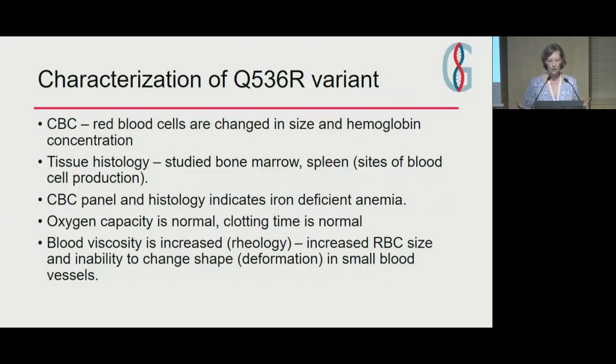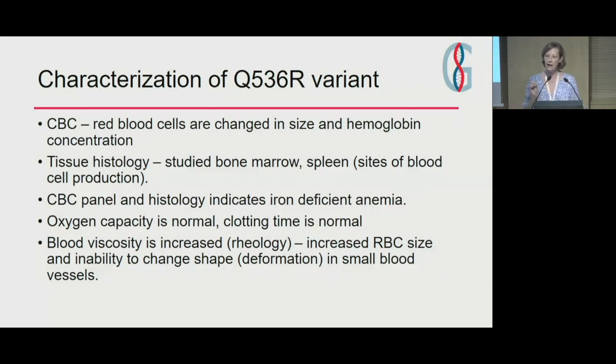And here we saw changes in red blood cells in their size and in their hemoglobin concentration. Because of this, Sylvia went and looked at the places where iron is stored and the functional pools of iron in the red blood cells and in the bone marrow. And this CBC panel and the studies that she made indicate iron deficient anemia. I'm going to show you this data.